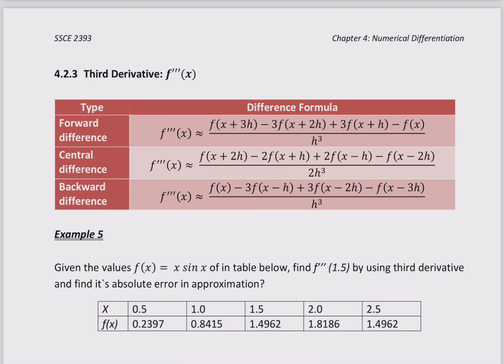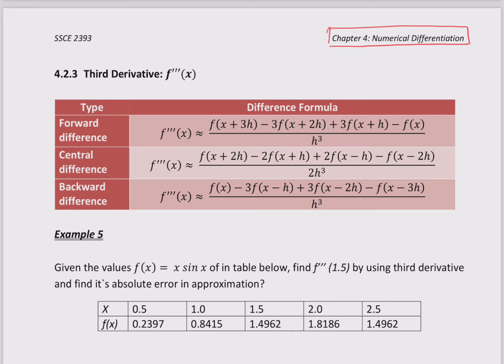Today we will continue our lecture about numerical differentiation, our chapter 4 here. We're still in chapter 4. In the previous video, we already discussed how we can obtain the first derivative and also the second derivative by numerical formula, and all the formulas are given for you.